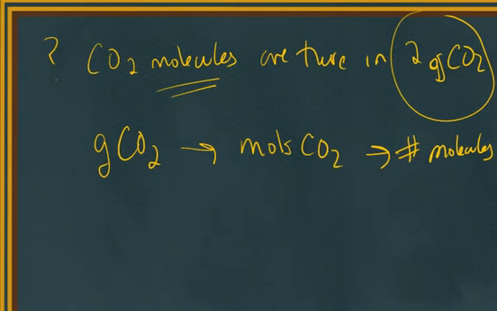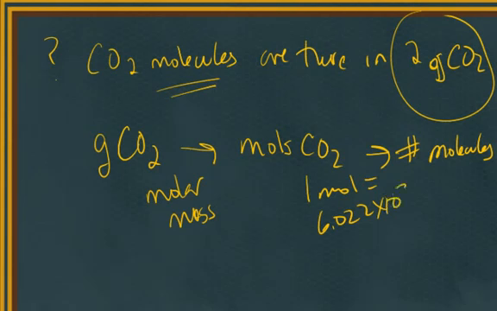To do that, you would need to use the molar mass of carbon dioxide, and then use Avogadro's number to convert from the moles to the number, and that is that 1 mole equals 6.022 times 10 to the 23rd. The molar mass of carbon dioxide, how do you figure that out?